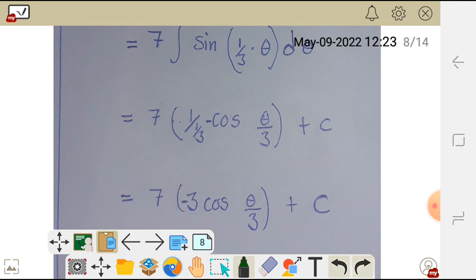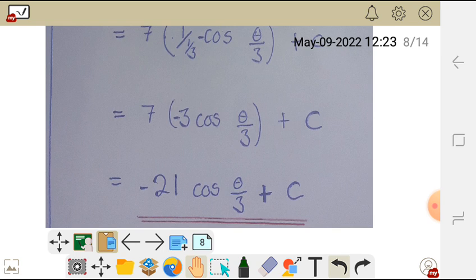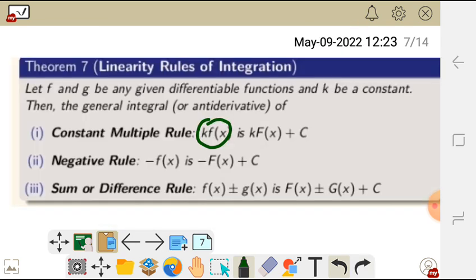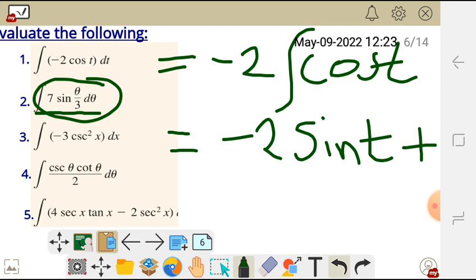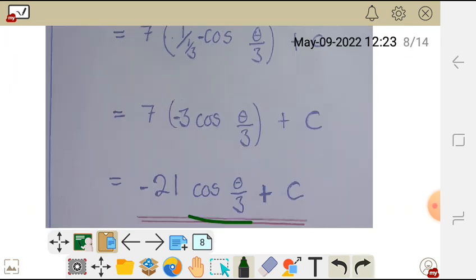So 3 multiplied by negative cos theta over 3 will be negative 3, then plus c. To multiply 7 by this, we are going to have negative 21 cos theta over 3 plus c. So that's how to solve this question. The answer is simply negative 21 cos theta over 3 plus c.